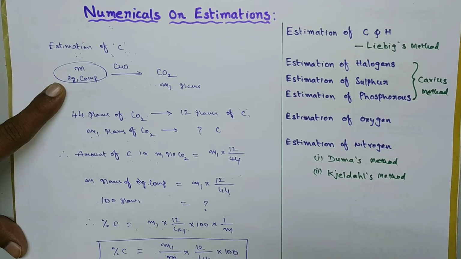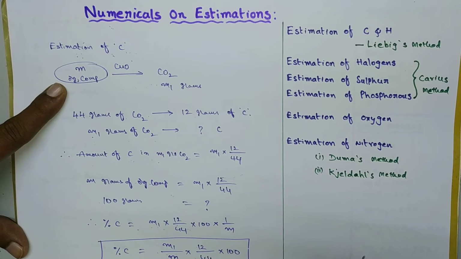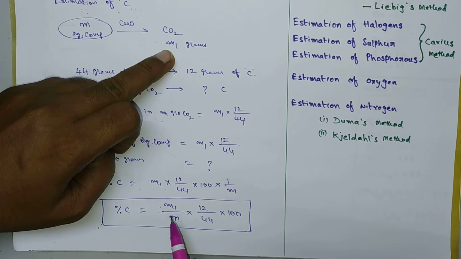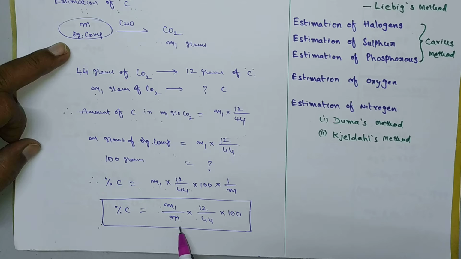So this is the expression for percentage of carbon. Here m1 means mass of carbon dioxide gas, and m means mass of organic compound.